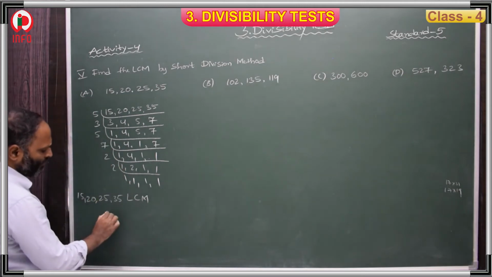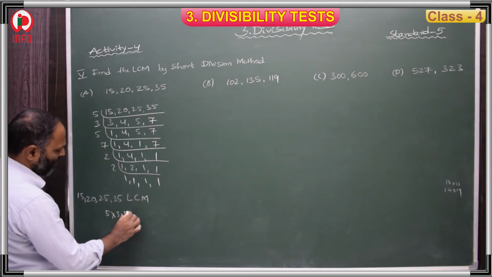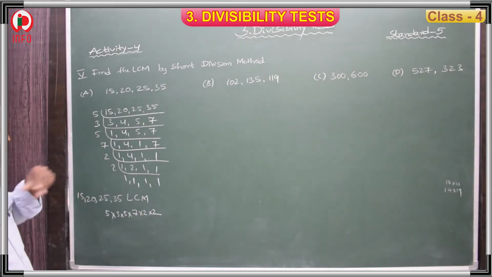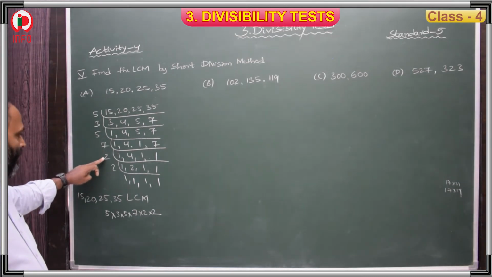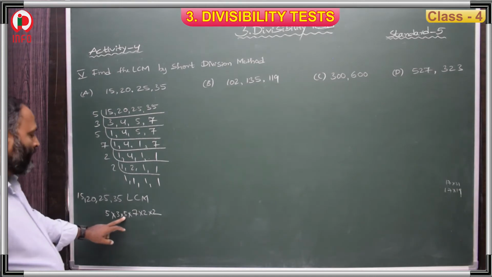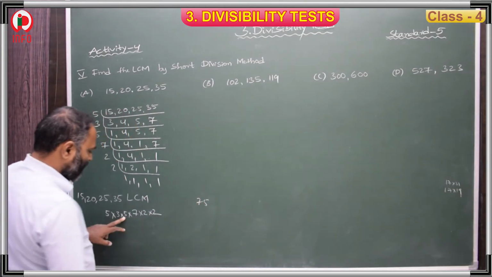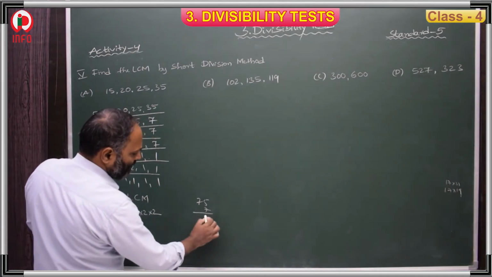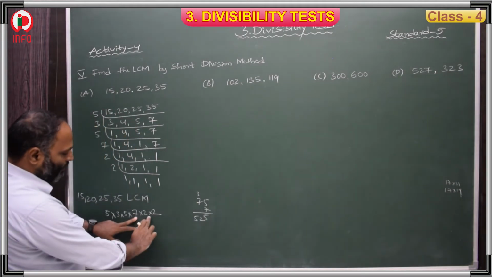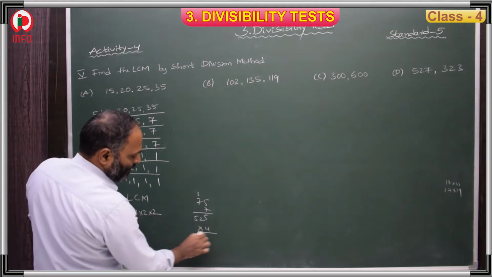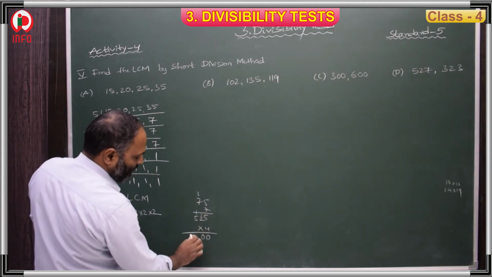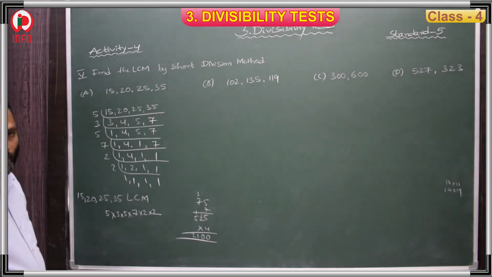We have to multiply: 5 into 3 into 5 into 7 into 2 into 2. 5 threes are 15, 15 fives are 75. 75 sevens are 525. 525 into 4: 4 fives are 20, 4 twos are 8, 9, 10, 4 fives are 20, 21. 2100.